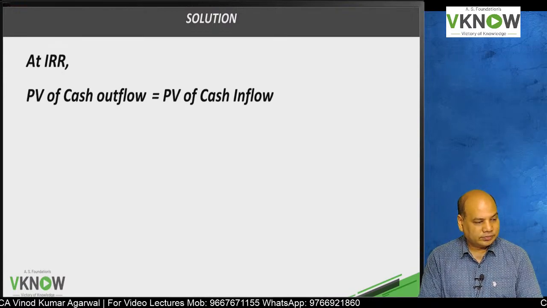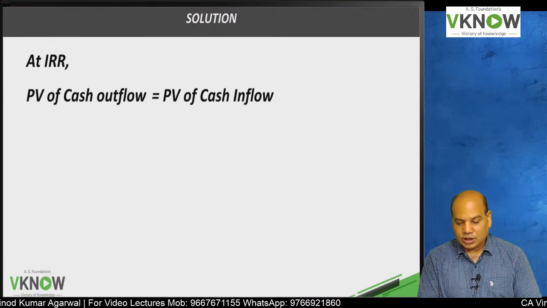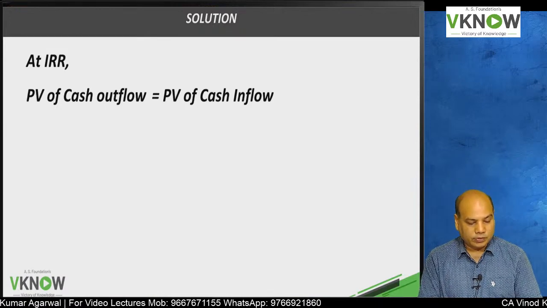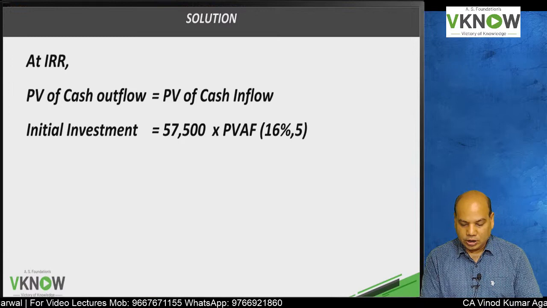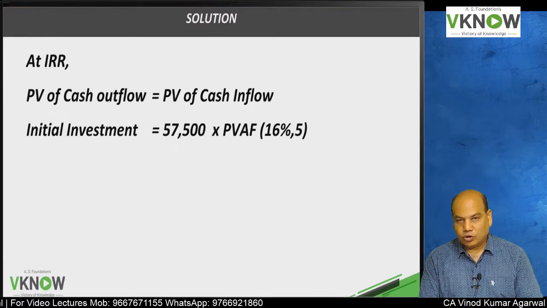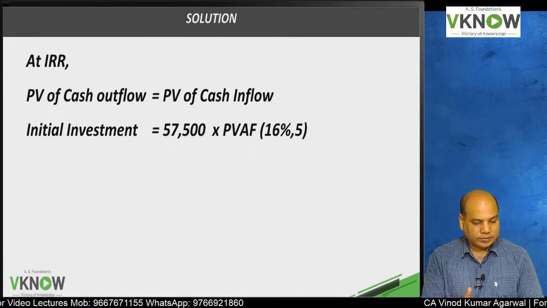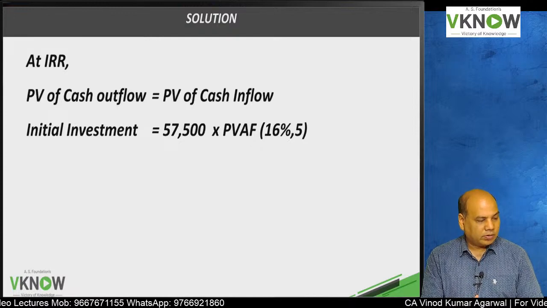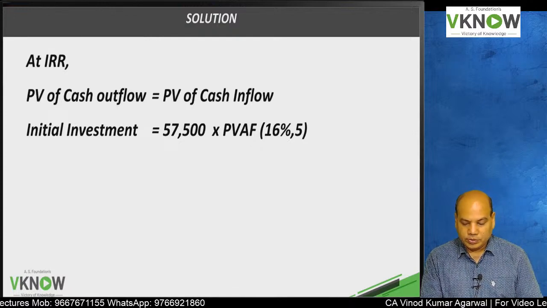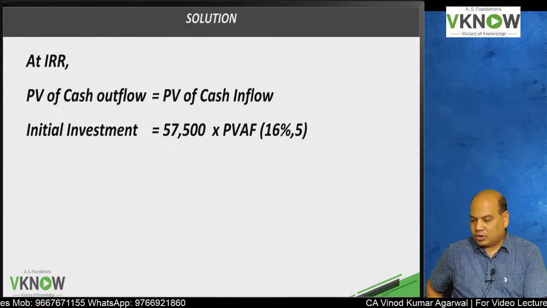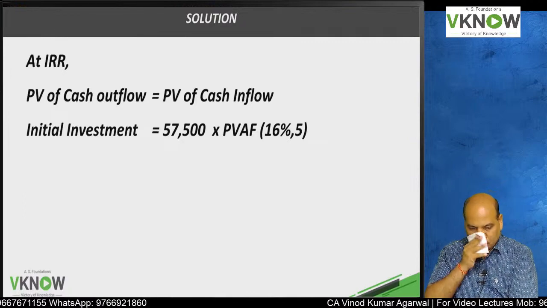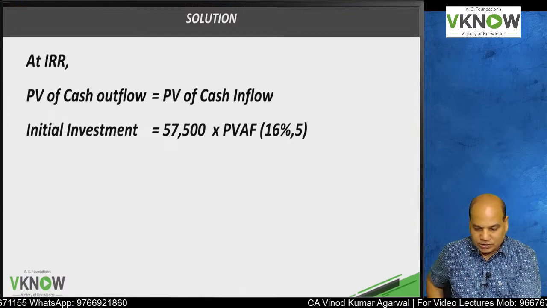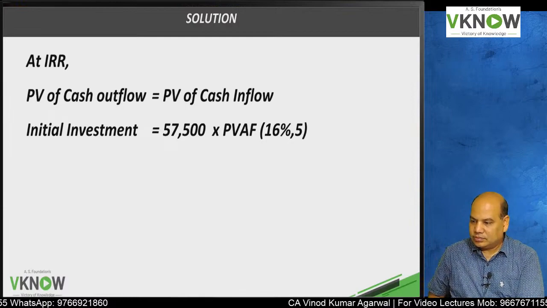At IRR, PV of cash outflow is equal to PV of cash inflow. Then write down, outflow means initial investment only. Initial investment equal to 57,500 into PV annuity factor at 16%, 5 years.